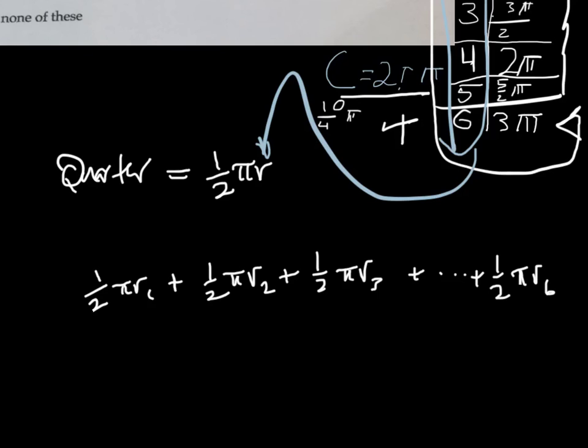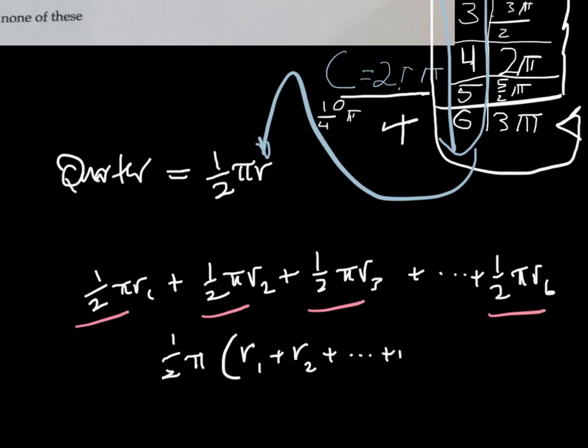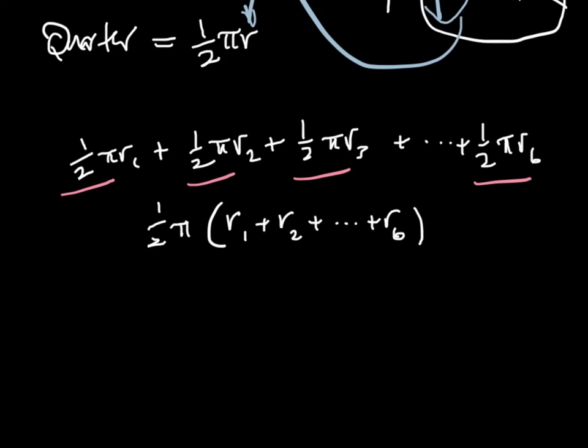How about we just factor the 1/2 pi out. Right? And let's add all the radii first. R1 plus R2, plus R3, plus R4, plus R5, plus R6. In our example, it's 1 plus 2 plus 3 plus 4 plus 5 plus 6.